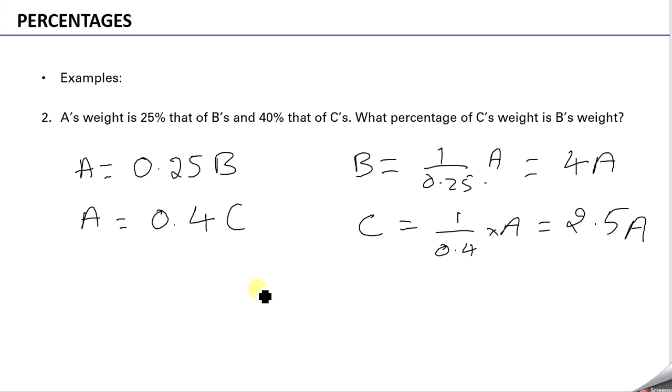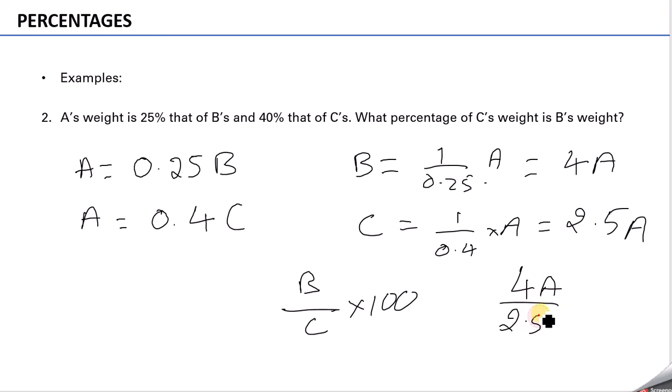So it asks what percentage of C's weight is B. Means the total is C and it is asking what percentage of that total is B's weight. So it is B by C into 100. So B is 4A by 2.5A into 100. So A cancels.